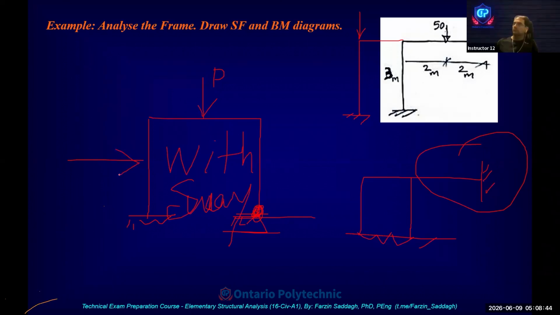Of course. And if we want to calculate this structure, we have to calculate the moment at first without sway. I mentioned the method of moment distribution for these cases. It's a little bit more complicated because in previous exams we had nothing for this situation, so I ignored this part.